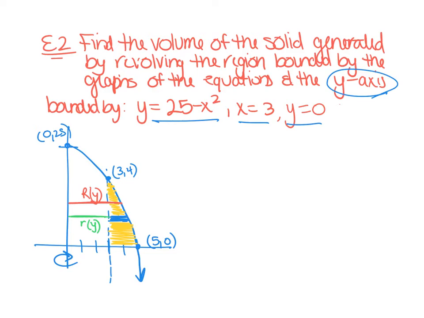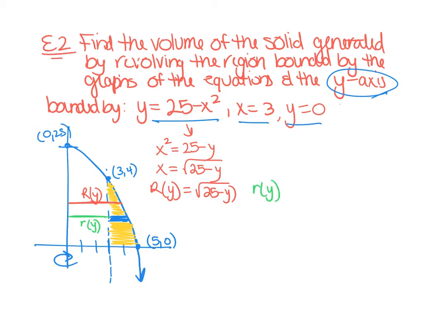This does need to be in terms of y instead of x, so that's one of the first things we need to do. Solve this for x. I'm going to move my x squared over and subtract my y, and x equals the square root of 25 minus y. So that is your larger radius. Your smaller radius is the one in green, and that's just r of y equals 3.